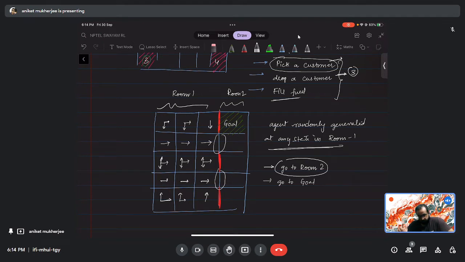So this is one of the optimal policies. As you can see, you are trying to go through door 1 or door 2.